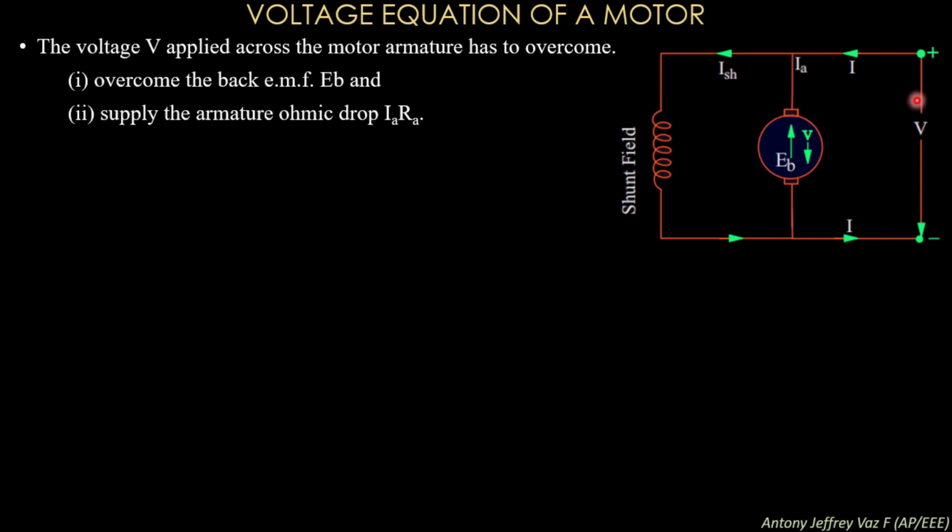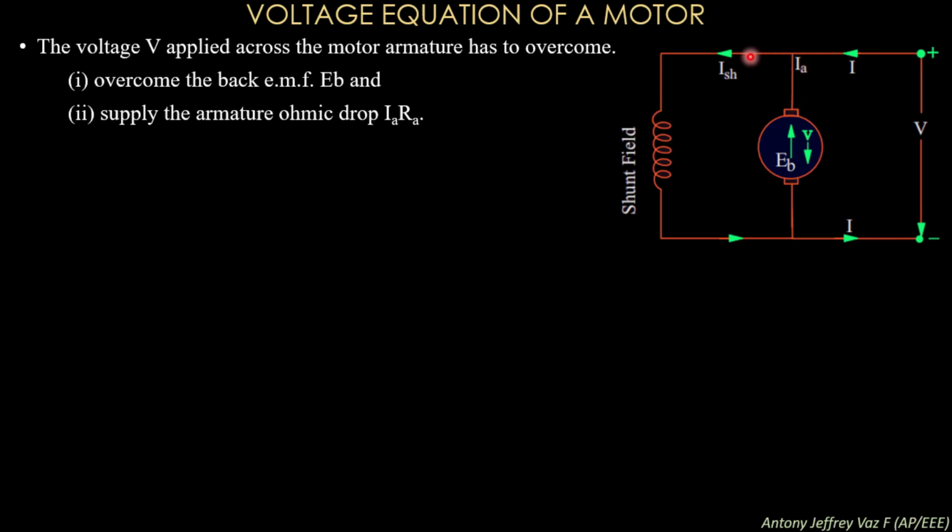You are going to supply the voltage V to this motor. Here the load current, that is the supply current I, is going to be fed into the motor, whereas this current is divided into two parts, where it is going to drive the shunt field as well as the armature.